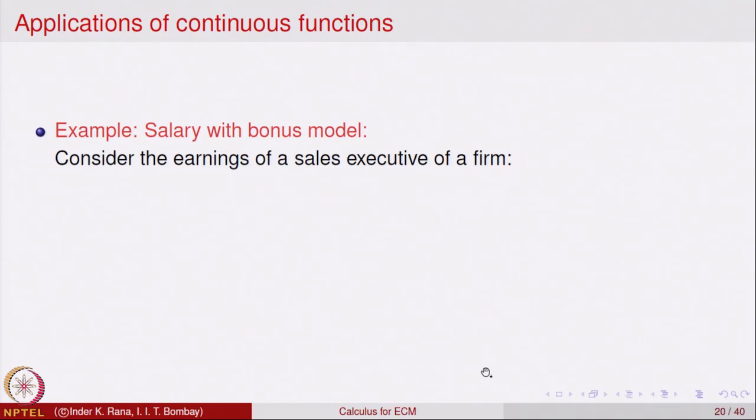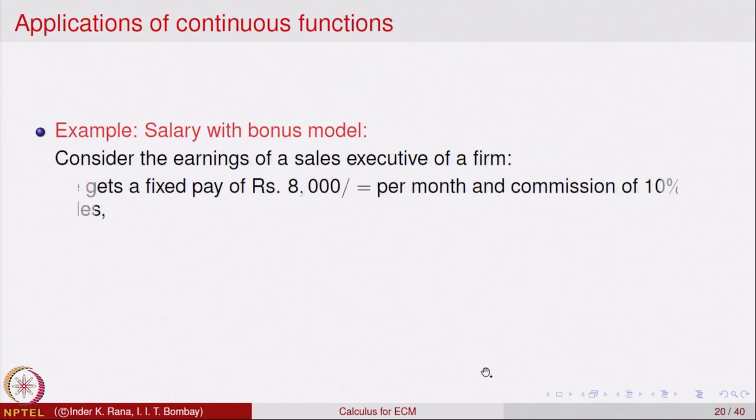So, his earnings are as follows. He gets a fixed pay of 8,000 per month. So, that is a fixed pay for being on the rolls of that firm, and a commission of 10% of the sales. So, whatever he is able to sell in a month, he gets 10% of that added to his earnings.